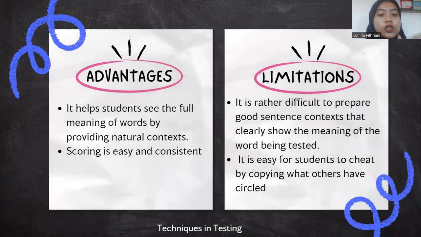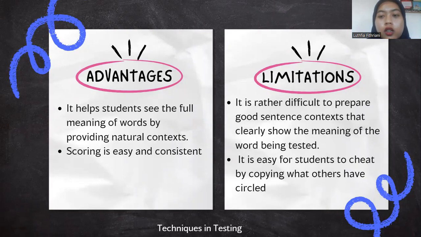Multiple choice completion also has advantages and limitations. The advantages of multiple choice completion include: it helps students to see the meaning of words by providing natural context, and scoring is easy and consistent.